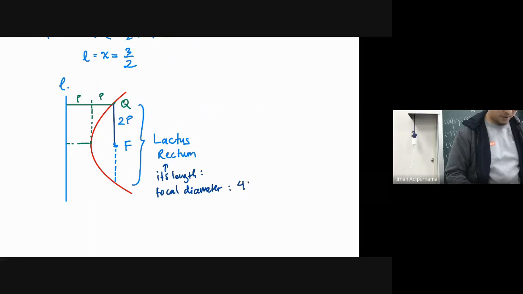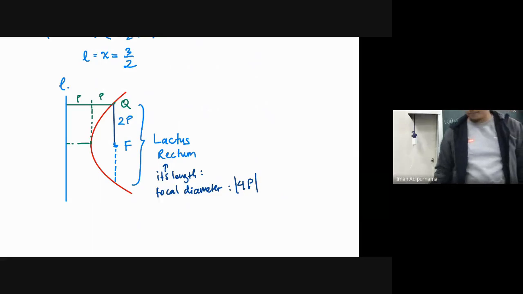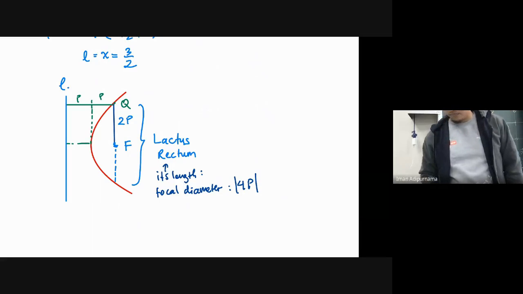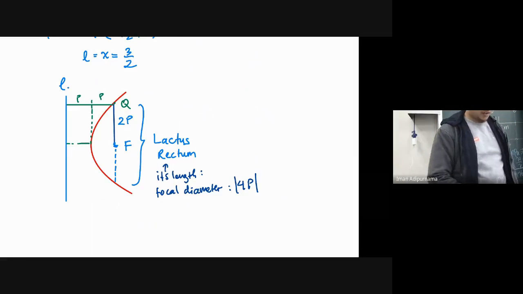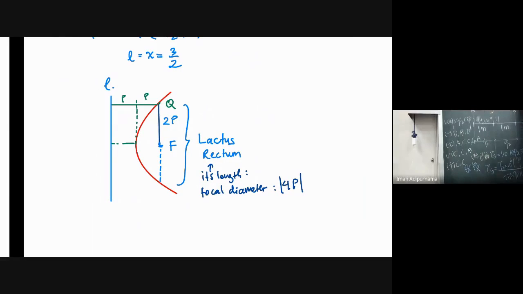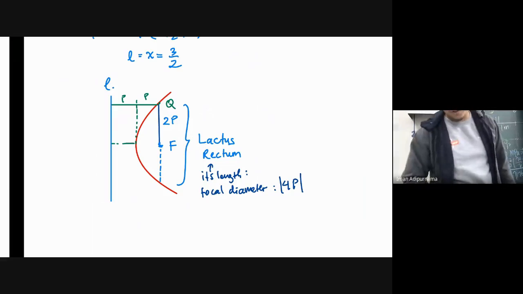It's 4P. So the length of the focus from the point here to here, and it's passing by the focus, is called the locus rectum. The length is called the focal diameter.